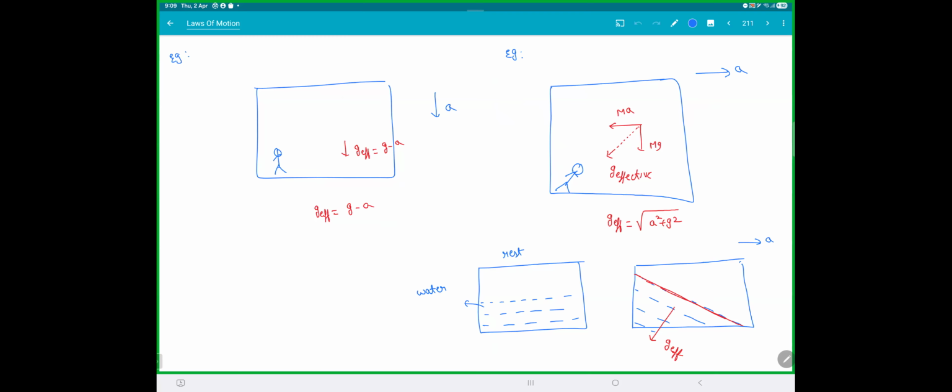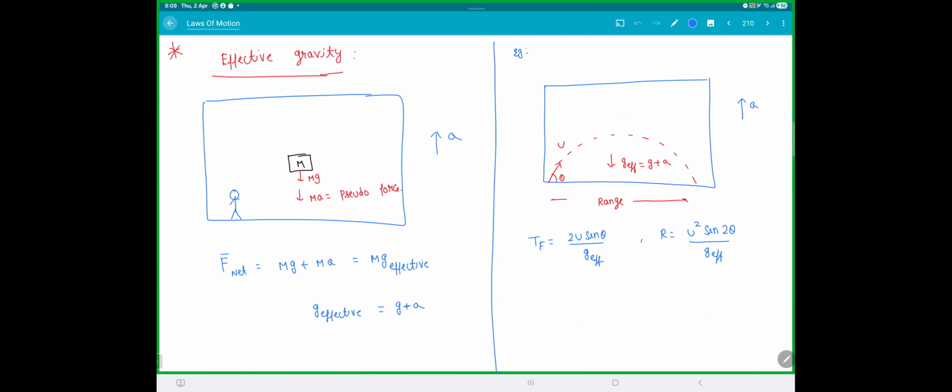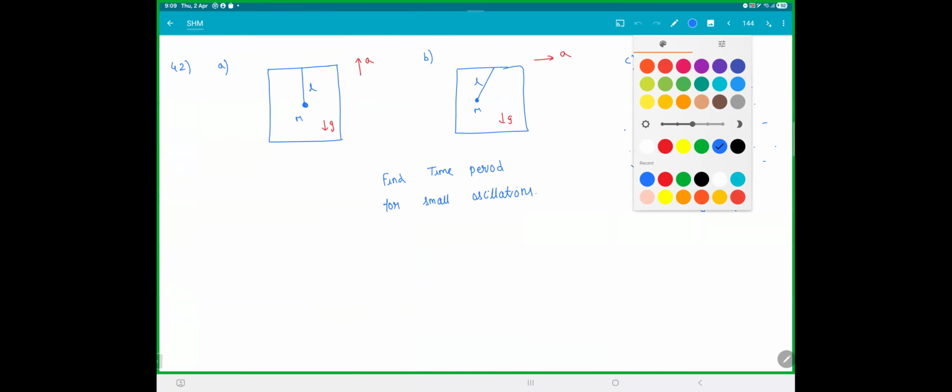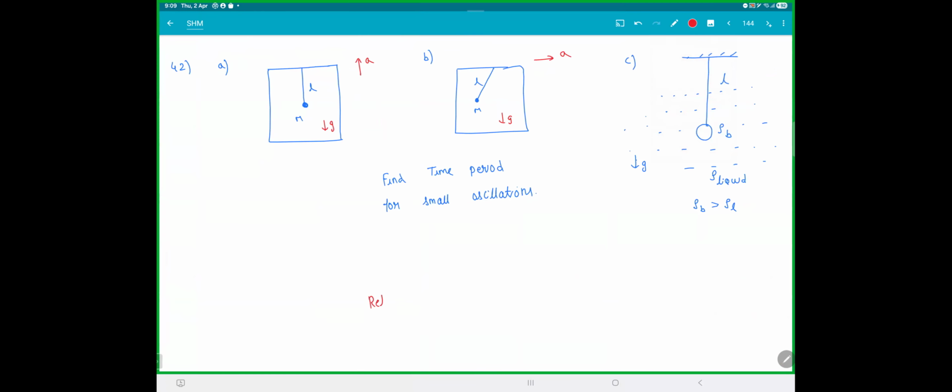We have done this in fluid mechanics also. So I'll put it here. You can refer to this later in case you forgot. Get the C part. C is a really good one. Try. I'll give you a minute, then I'll show you all three.